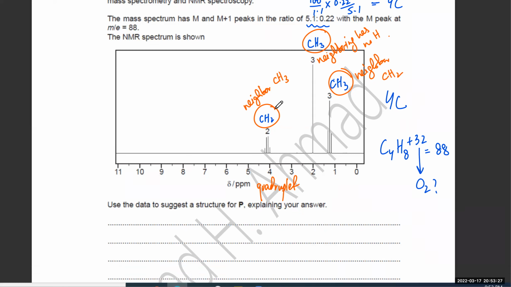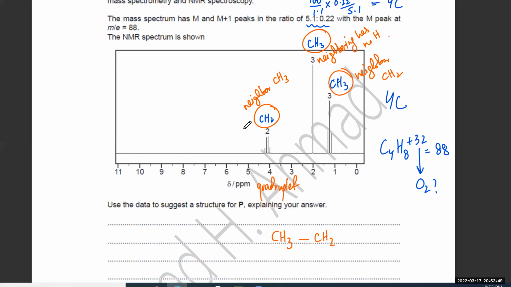That's why I know that right next to CH2 there must be a CH3, and right next to CH3 there must be a CH2. That solves part of the structure: the CH3 and CH2 are together. Is that clear? That's how the splitting would work.